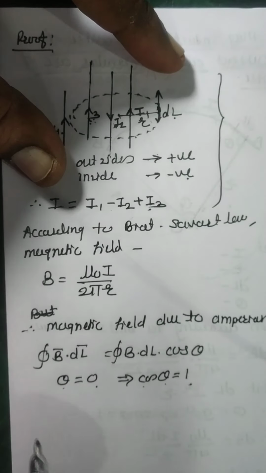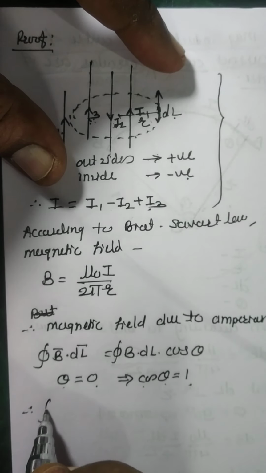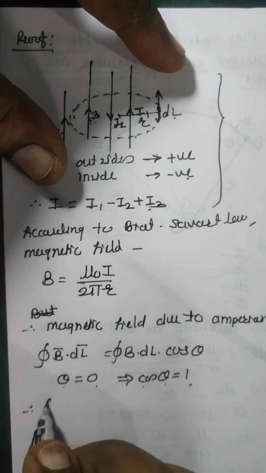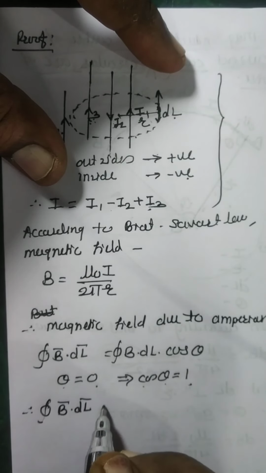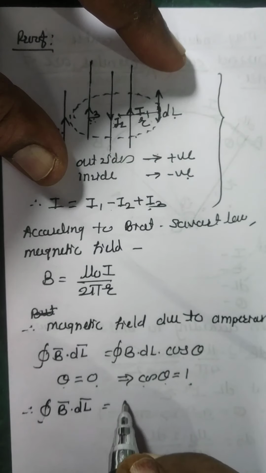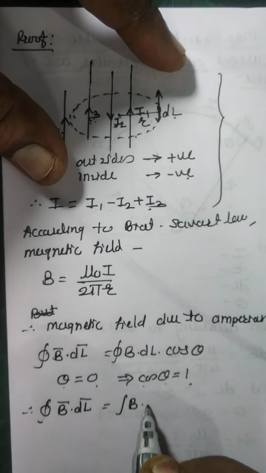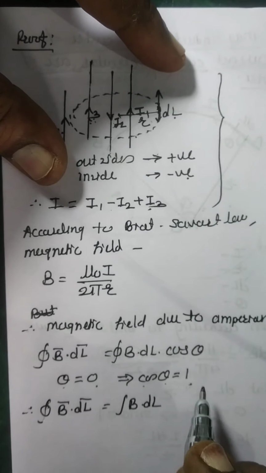And therefore the line integral, that is closed integral of B dot dl, is equal to closed integral of B into dl.